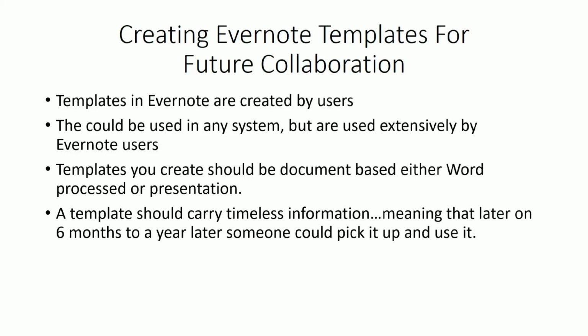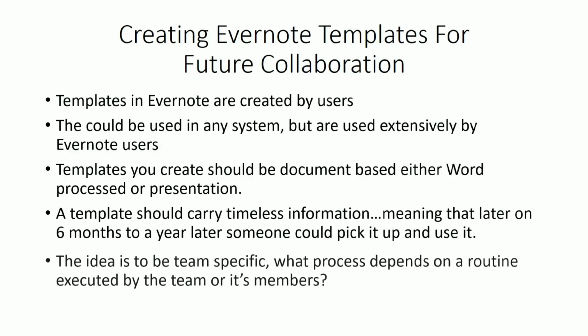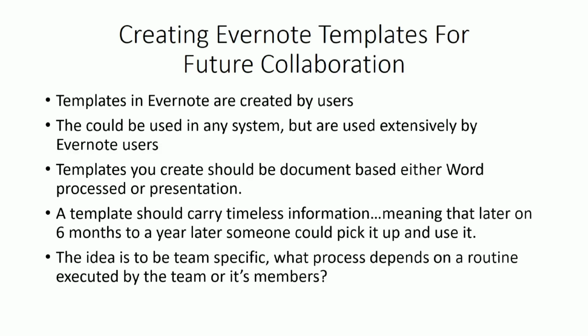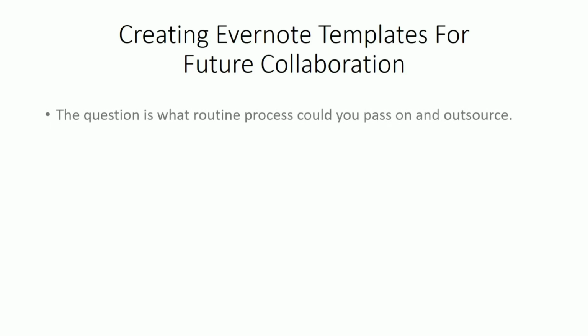The point of putting a template together is so that you'll be able to use it in the future to make it easier than starting and inventing another process from scratch. And the idea should be team specific. What process in your team depends on a routine executed by the team or its members?